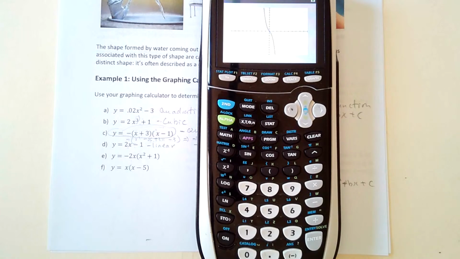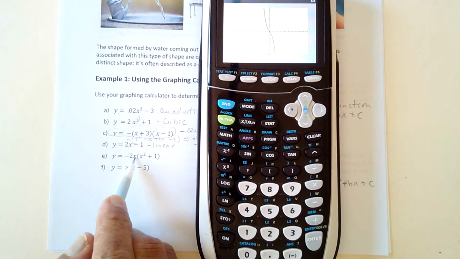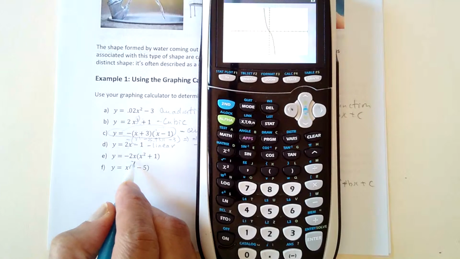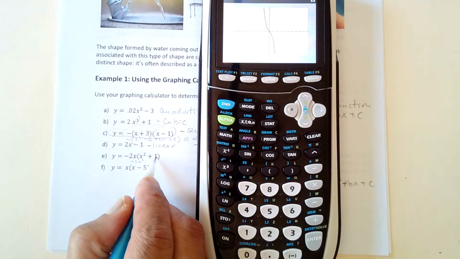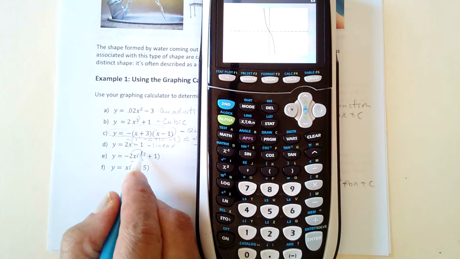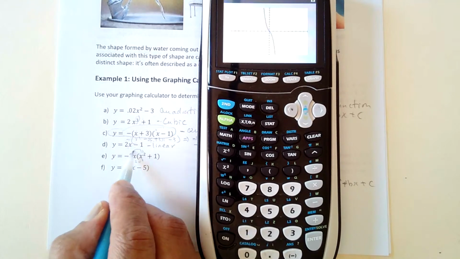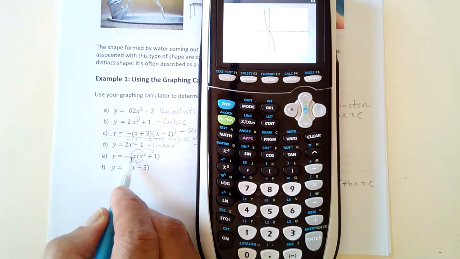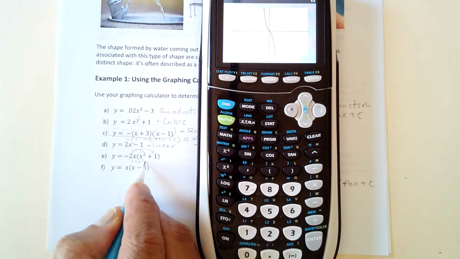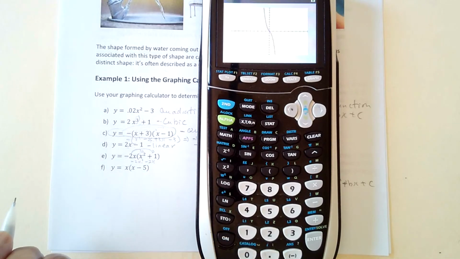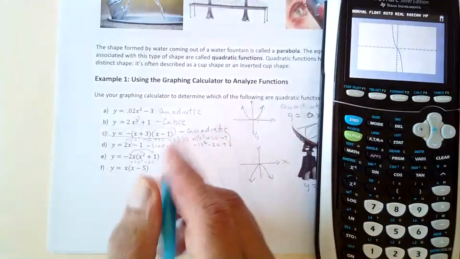And you can see clearly that is not a quadratic. That's another cubic function. You can tell because 2x times x to the power 2 is 2x cubed. So it's really negative 2x cubed. Negative 2x times 1 will give you negative 2x. So it's a cubic function. So this is a cubic.